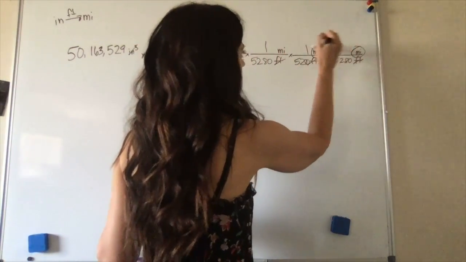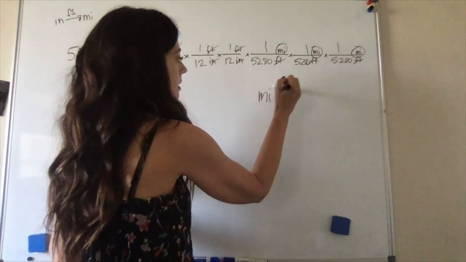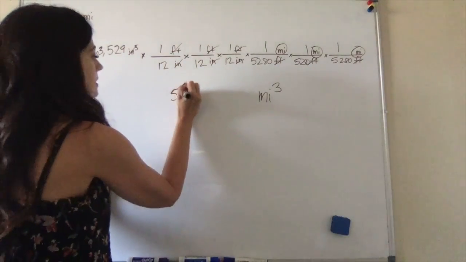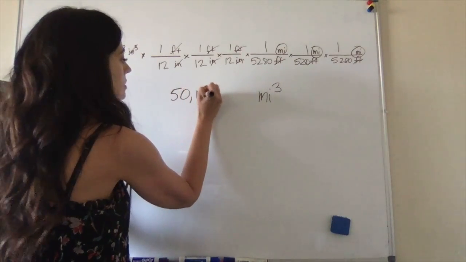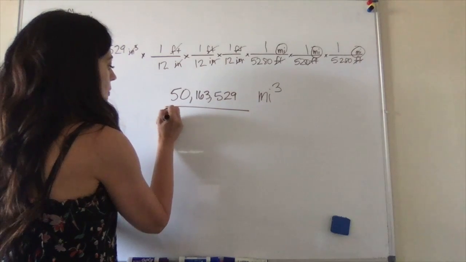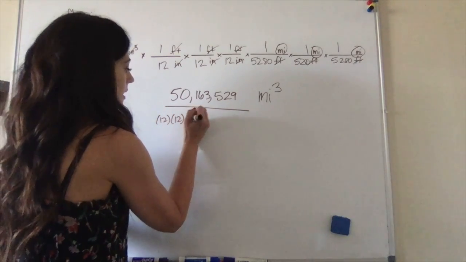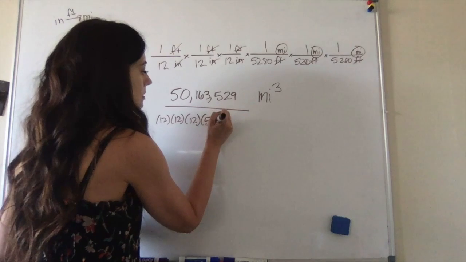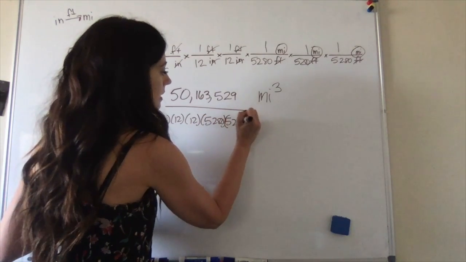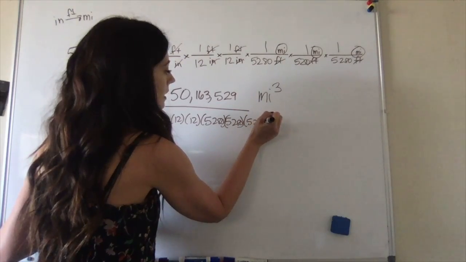And we're left with miles cubed. So the way you can list this, and the book does it this way, 50,163,529 divided by 12 times 12 times 12 times 5280 times 5280 times 5280.